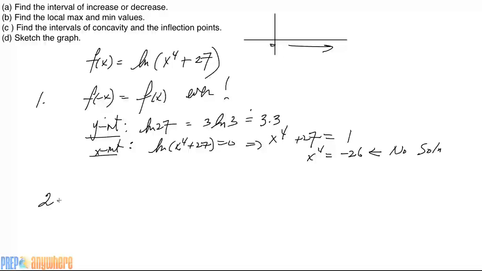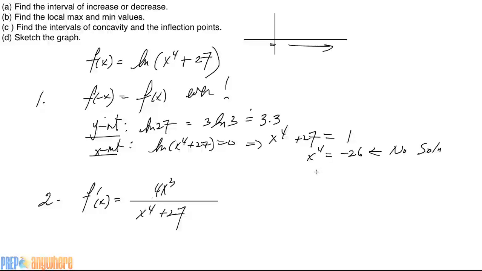Step 2. Analyze the derivative now. Okay, differentiate that, you get 1 over x to the power of 4 plus 27, times, by the chain rule, the derivative inside, which is 4x cubed. Alright.